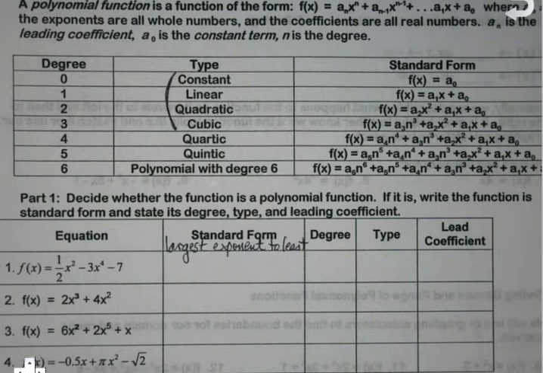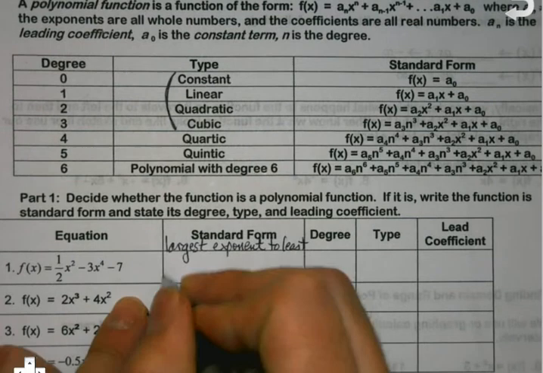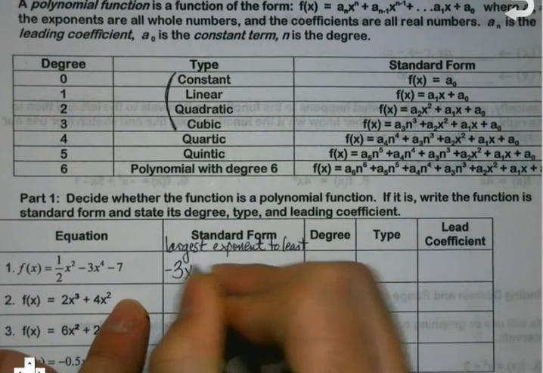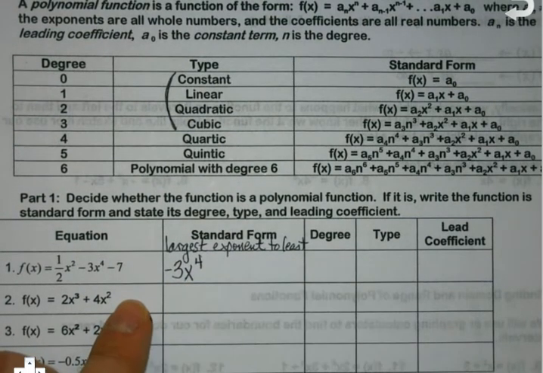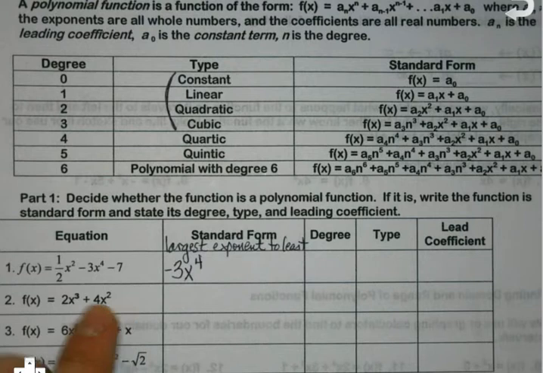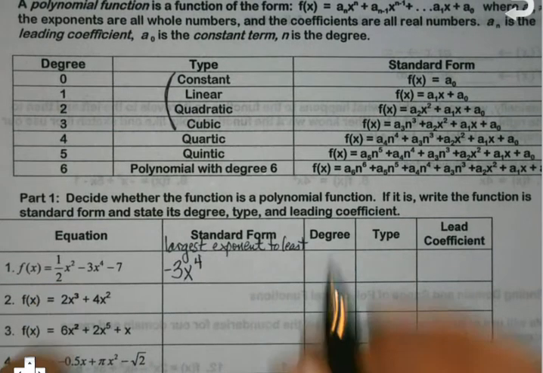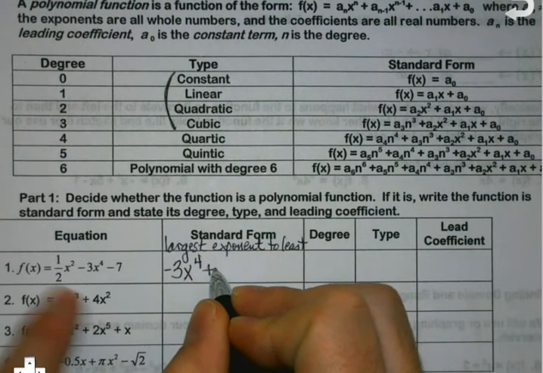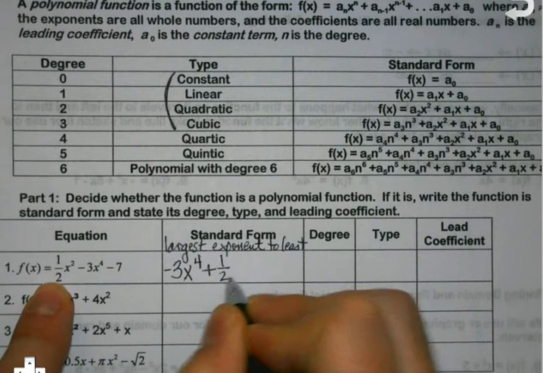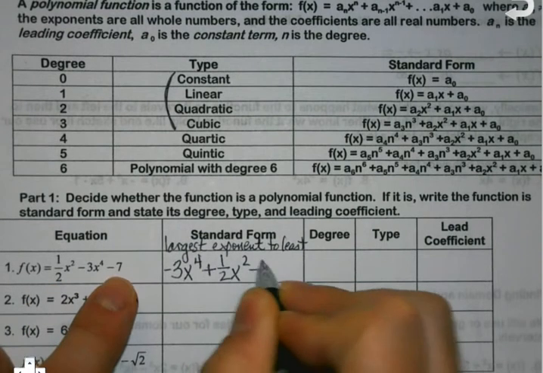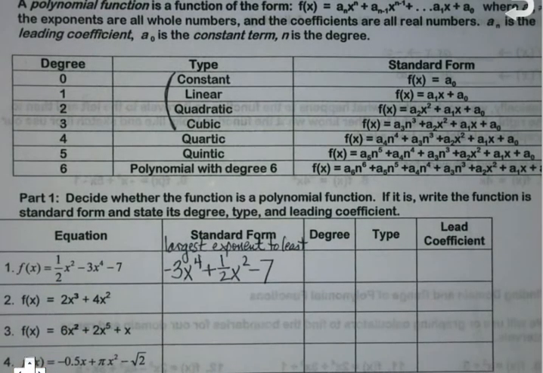So, which one of my terms in number 1 has the largest exponent, the largest degree? Okay, and good. We have to take whatever coefficients with it along. So if it's negative, it has to come along negative. What's my next term going to be? Okay, so plus, because it's positive, 1/2 x squared, minus 7.